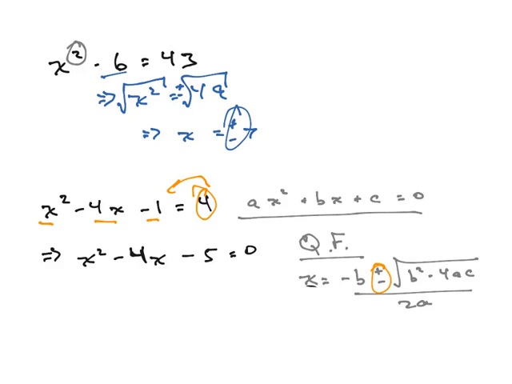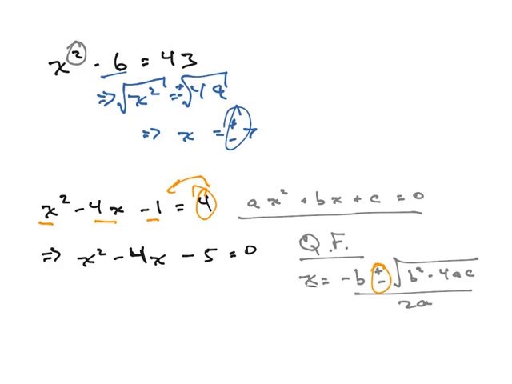So I tried to find ways of solving problems where I learn one thing, and that thing can be used for multiple different problems. I'd rather that than learn 3 different shortcuts. One shortcut works for this, one shortcut works for this, and one shortcut works for that. Because now I got to remember 3 different things, and I have to remember when to use which one. I don't like that. So when I see a quadratic equation, I'm always using quadratic formula, whether I can factor or not, because it will always work. So I just remember one thing to do.